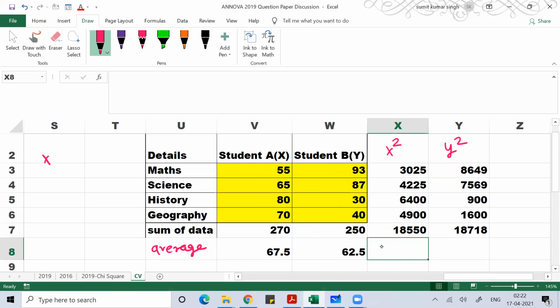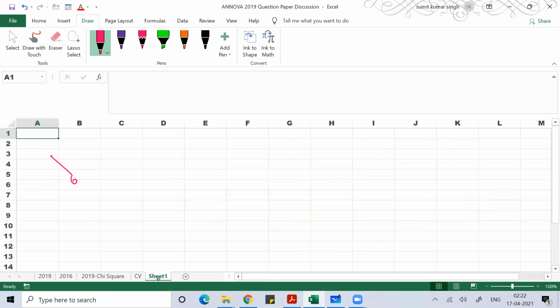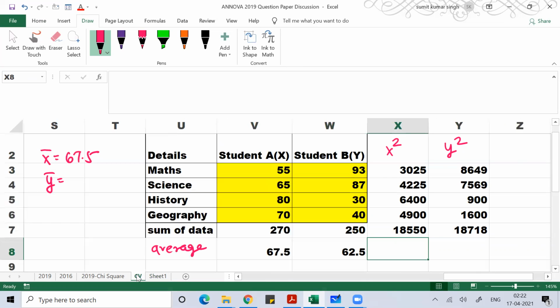So x bar is 67.5, y bar is 62.5. Sum of x square is 18550. Sum of y square is 18718.